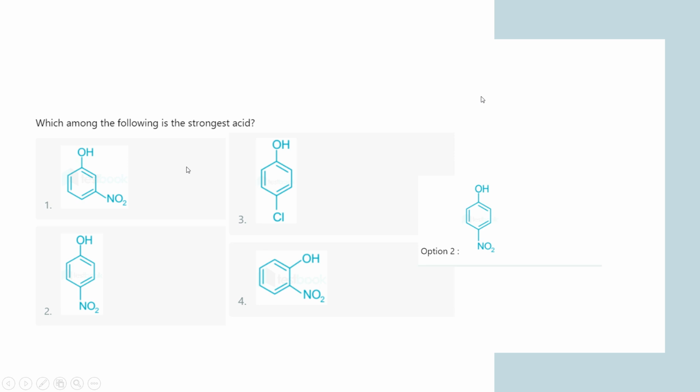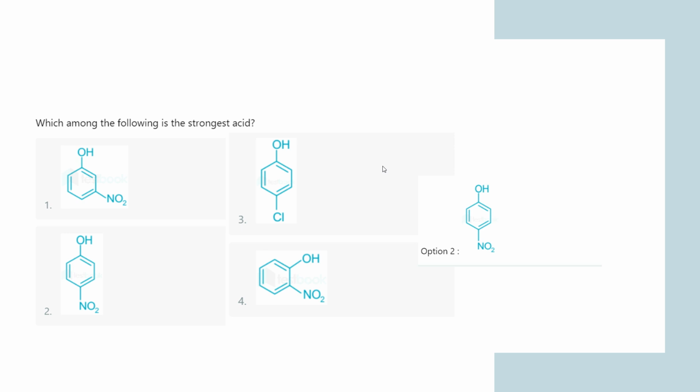option 3 can be first eliminated because if we compare the electron withdrawing effect of nitro and chloro groups, out of these two substituents, nitro is more electron withdrawing. And as we know, if we want strong acidity of phenol, we must make its conjugate base phenoxide ion more electron deficient.